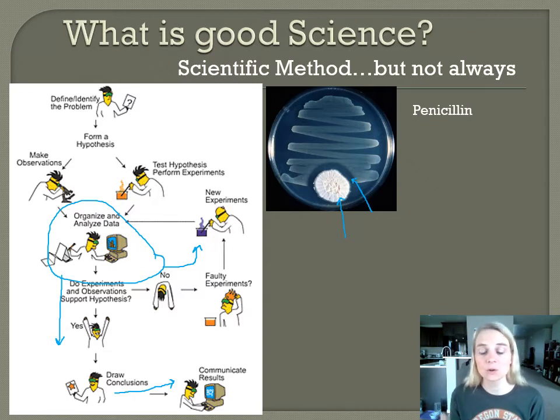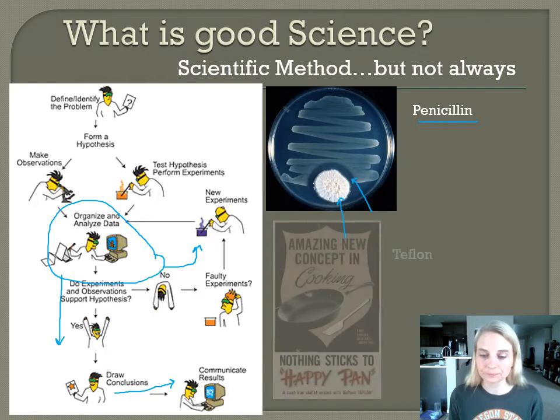So he asked questions and he formulated hypotheses and he did more research and identified that within this mold, there is a substance called penicillin. And it is active at killing bacteria. It is successful at killing bacteria. And lo and behold, we have antibiotics, which have saved millions upon millions of lives on this planet.